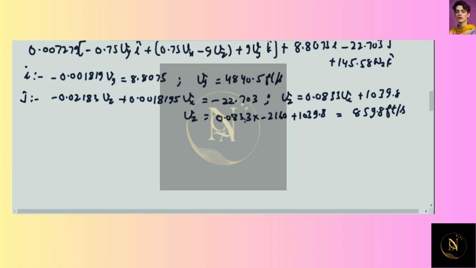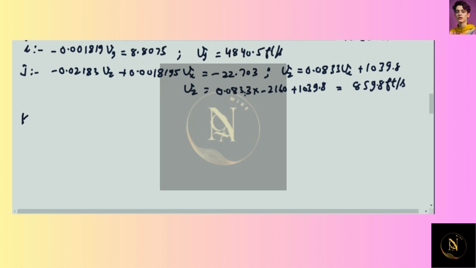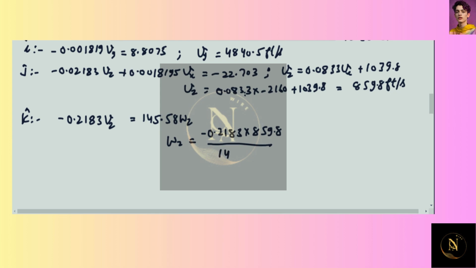Now, equating the coefficient of k cap, you get minus 0.02183 Vz is equal to 145.58 omega z. So from here omega z will be minus 0.02183 times 859.8 divided by 145.58, so omega z will be minus 0.726 radian per second.